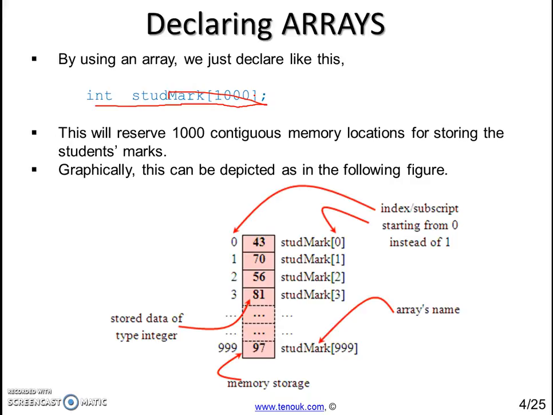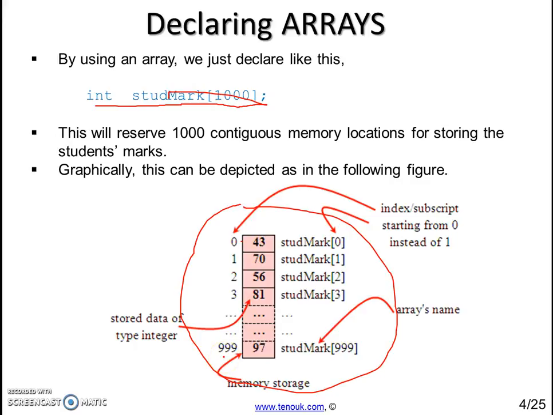So graphically, this picture is telling us about the memory management of an array inside the storage. In case of an array, it will store the contiguous locations and we can refer to these locations from 0 to 999.